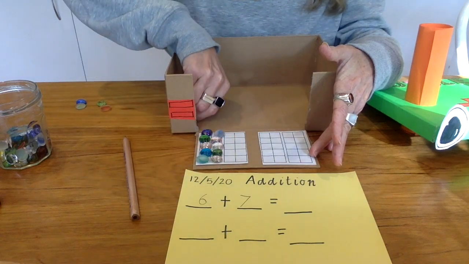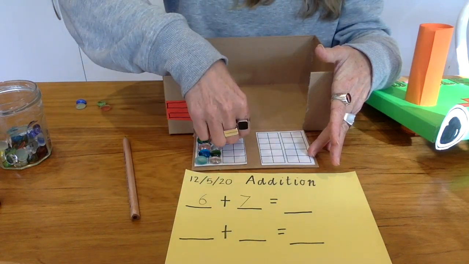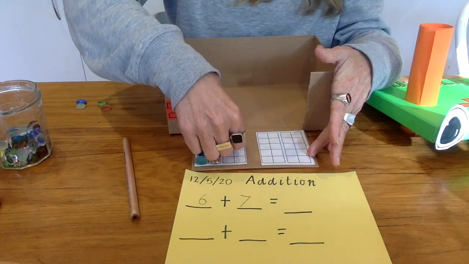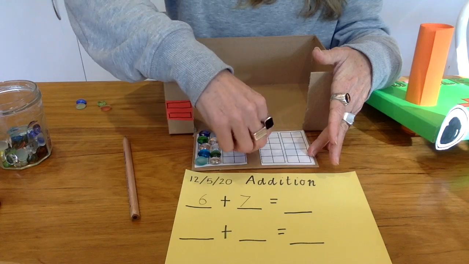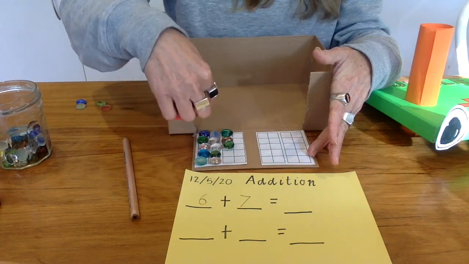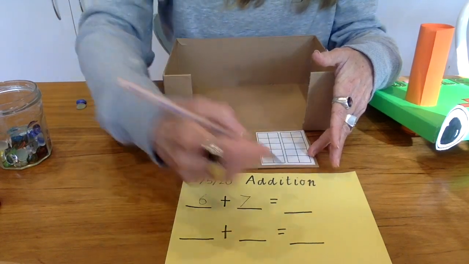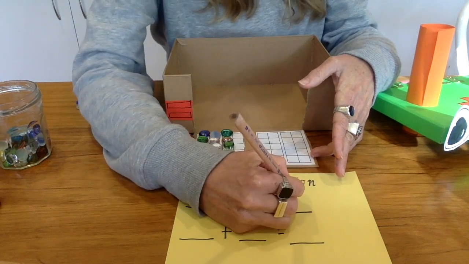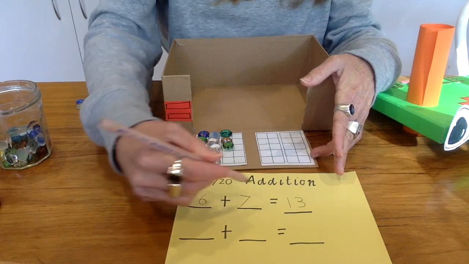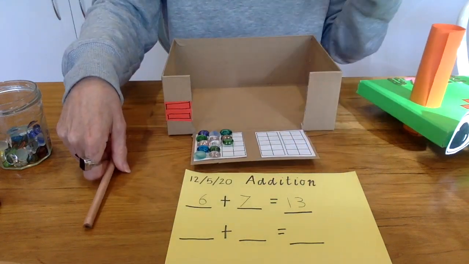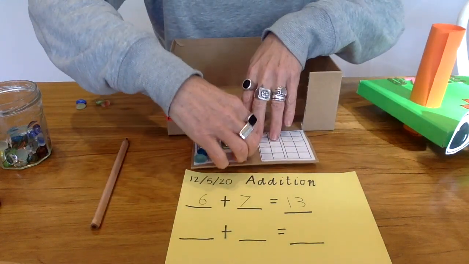Now I start a new tens frame because I'm at 10. 11, 12, 13. And I can check and supertise straight away. I've got a group of 10 and 3 extra ones. So my number is 13. 6 plus 7 equals 13. Alright, so that's the count all strategy.